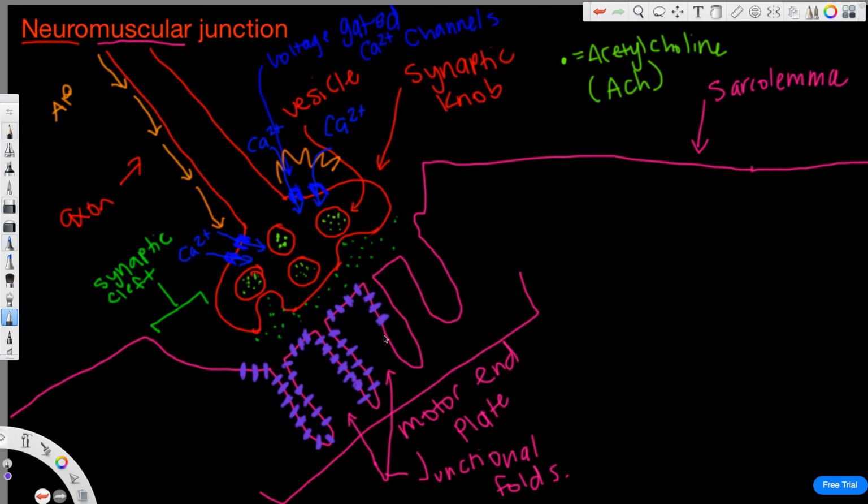And remember from the other video that ligand-gated channels are channels that are only open when a particular chemical is bound to them. So in this case, that chemical is acetylcholine, and when acetylcholine binds to these receptors, the receptor opens up to let sodium into the sarcolemma.